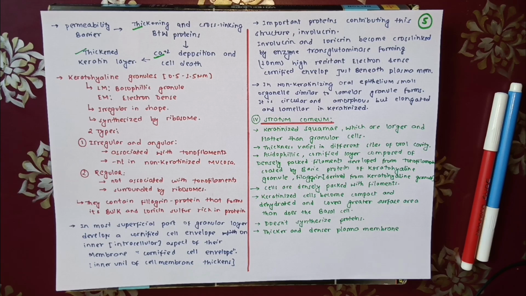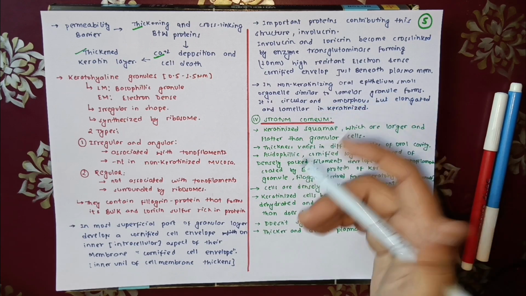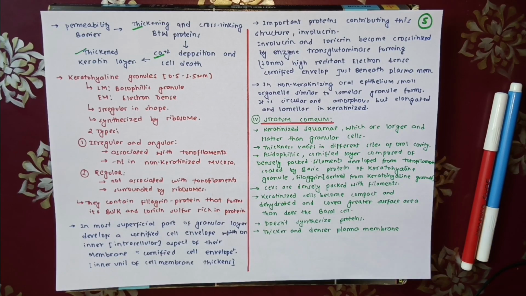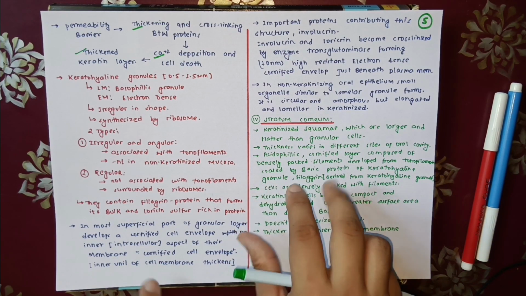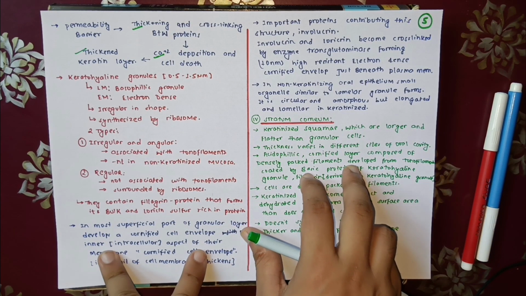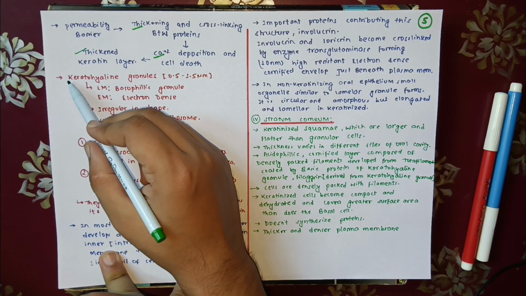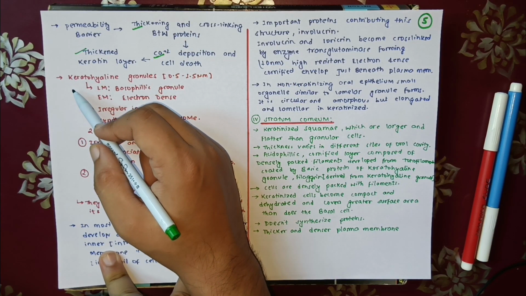With the deposition of calcium cell death takes place, and after cell death there is also deposition of keratin, forming the thick keratin layer, which comes in the layer of the stratum corneum. So that is the physiology of these Odland bodies. You can remember this. After that, we have the main other granule that is present in this stratum granulosum.